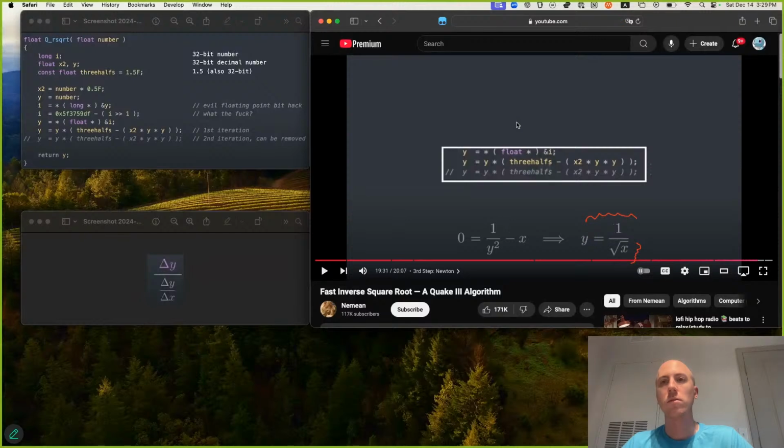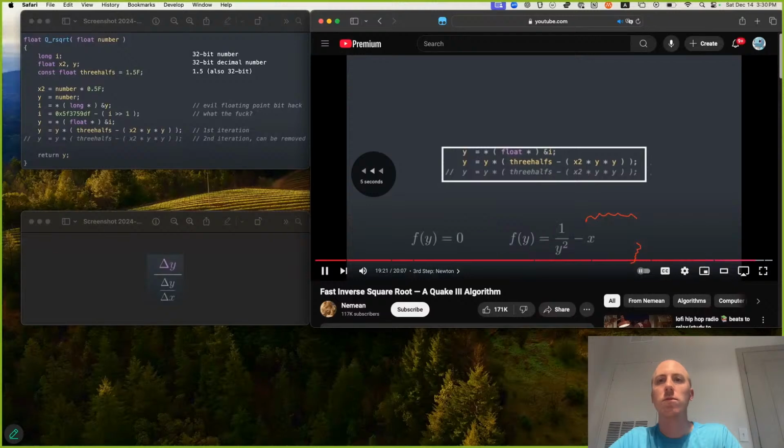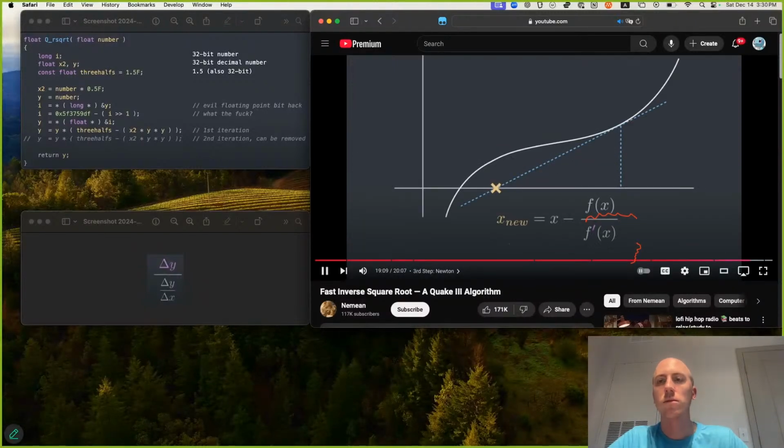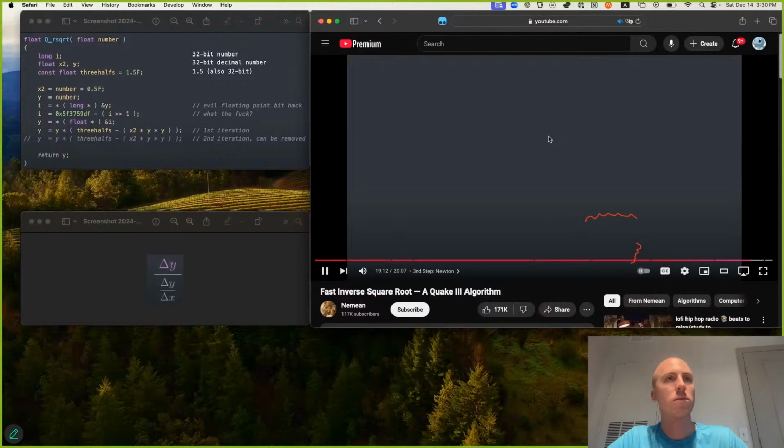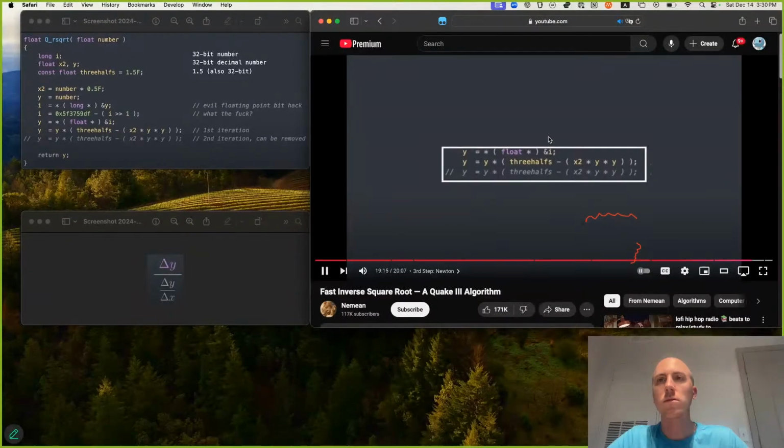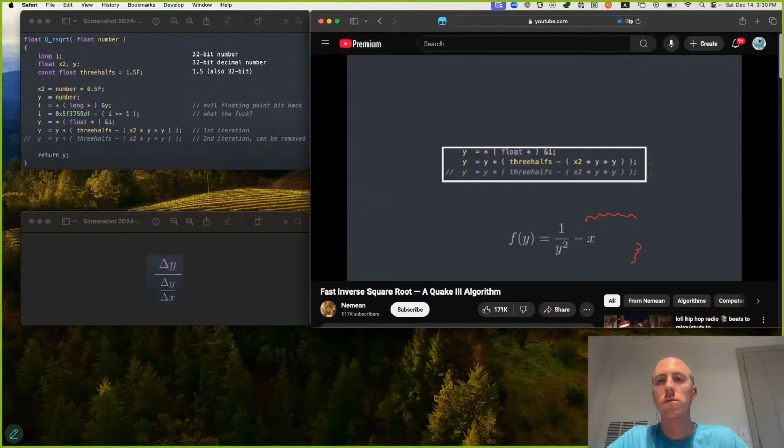I really encourage y being a root of this function. y being a root of this function is equivalent to y applied to the function f of y equals 1 divided. The informed viewer can now verify that the last line is one such Newton iteration applied to the function f of y equals 1 divided by y squared minus x.